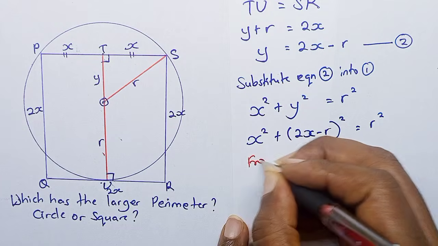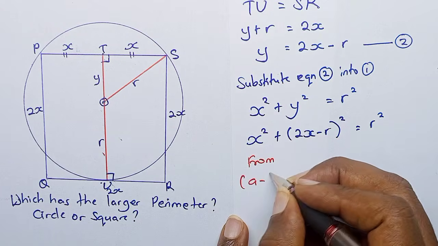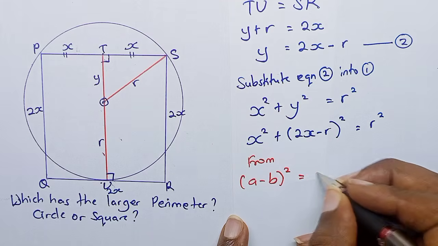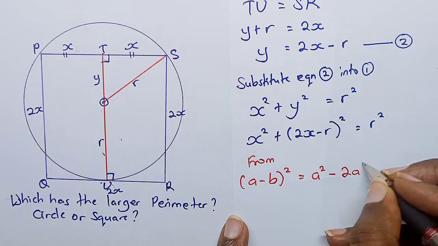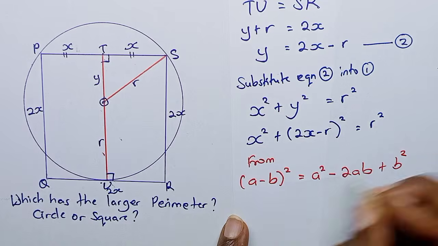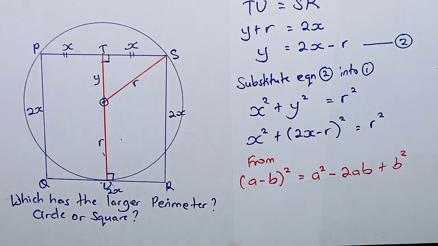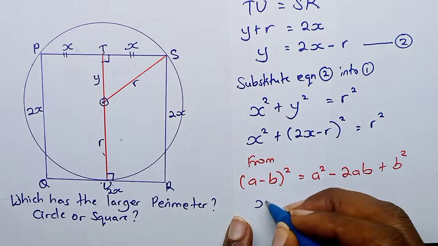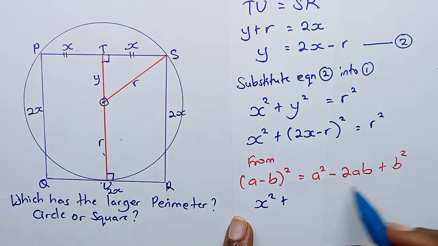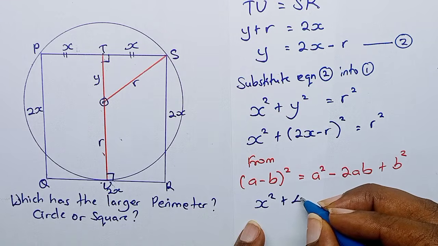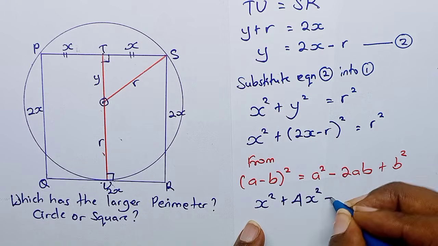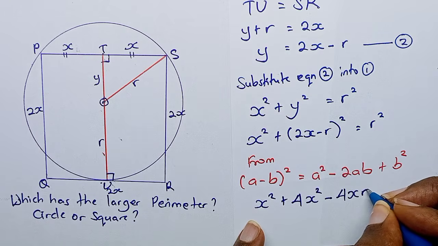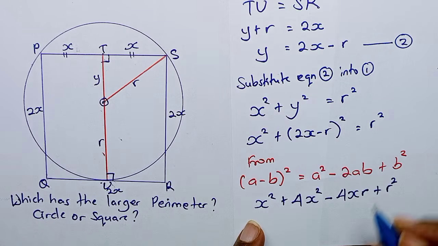Now from (a minus b) squared being equal to a squared minus 2ab plus b squared, when you expand this, you shall have x squared plus 4x squared minus 4xr plus r squared.